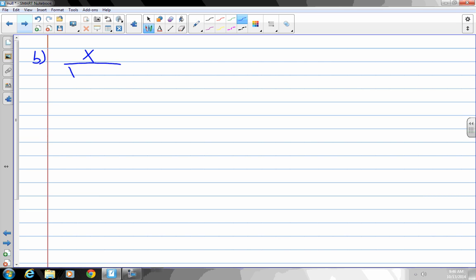x over x plus y, plus x over x minus y. So these two denominators are different, the way they're written, right?